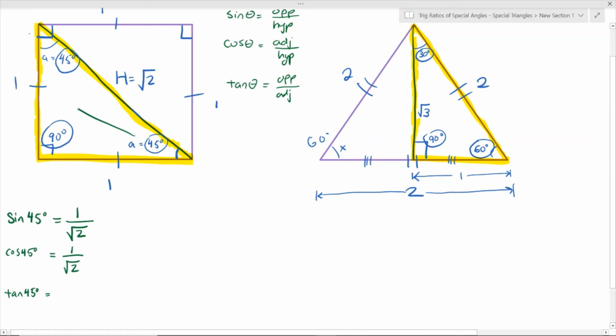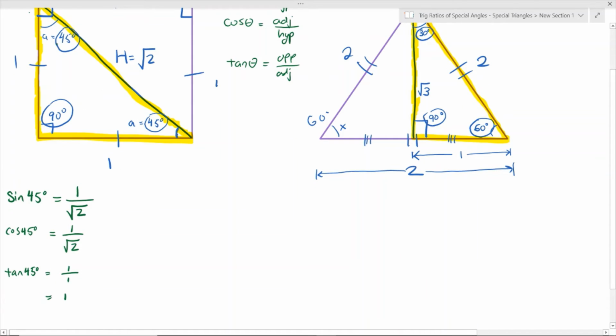We look at the opposite side, so it's this side, 1 here. So opposite is going to be 1. So we write 1 on top, from the formula, and adjacent is equal to 1 right here because this side is beside this angle, okay? So this is our adjacent side, this is our opposite side. So I'm going to write down 1 right here, and so this is going to be equal to 1.